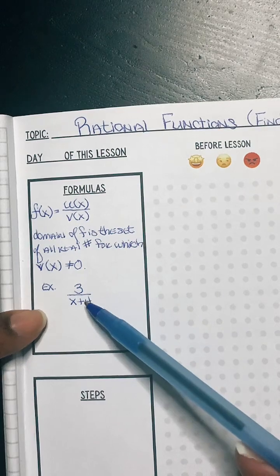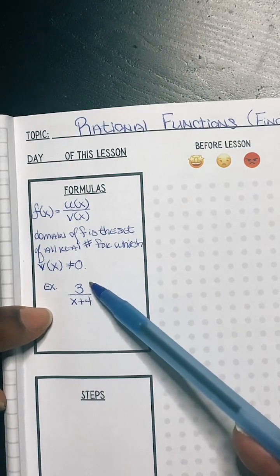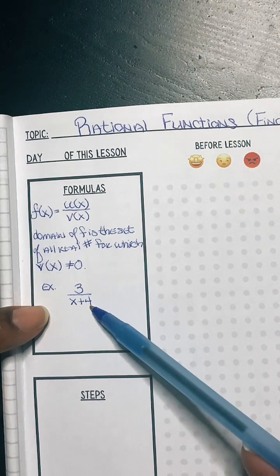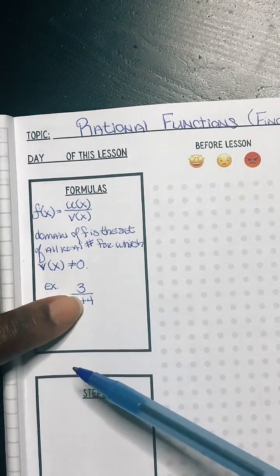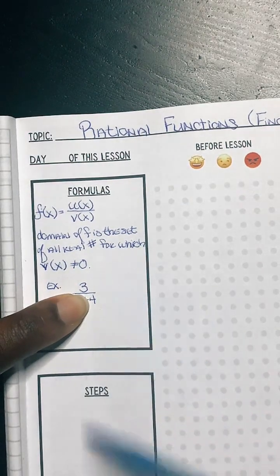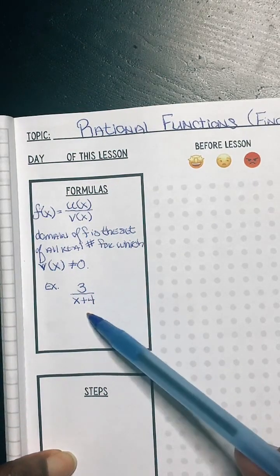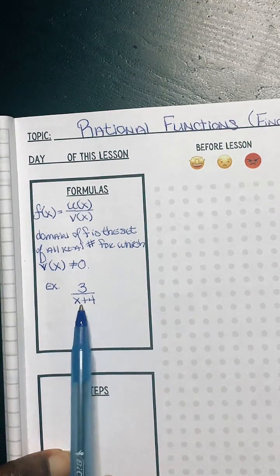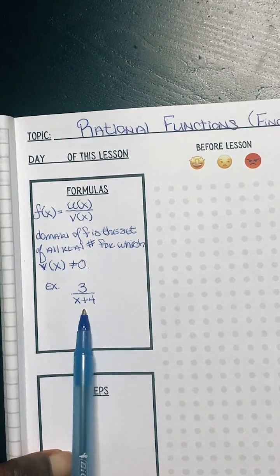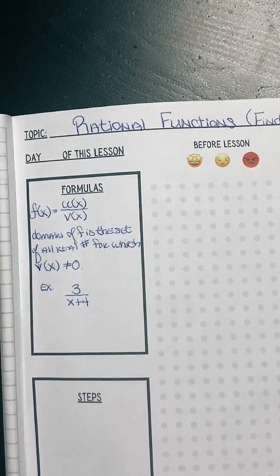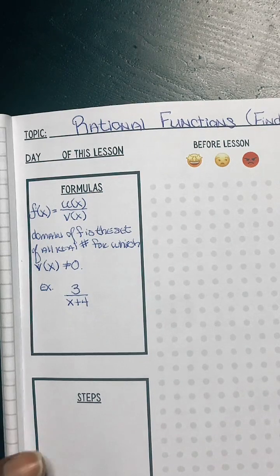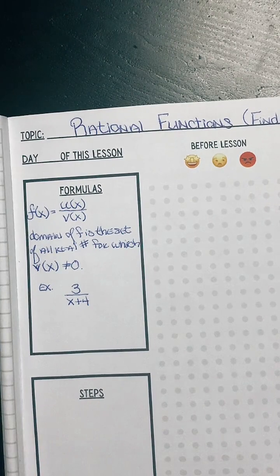Look at my example here: 3 over x plus 4. We're used to seeing 3/4, 3 out of 4, but now we're going into that algebraic component, where we have something in our denominator that can help us figure out our restrictions based off of the x values, the domain.